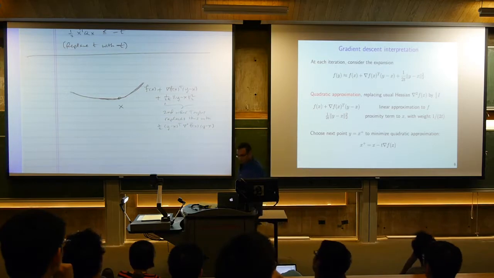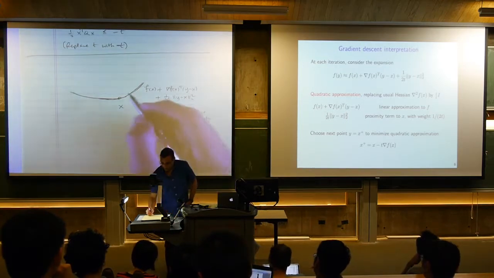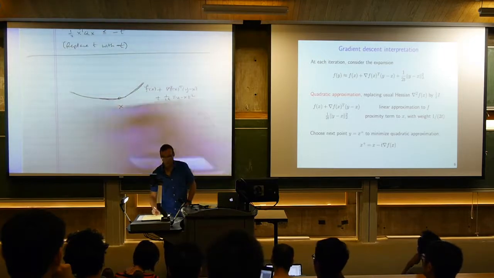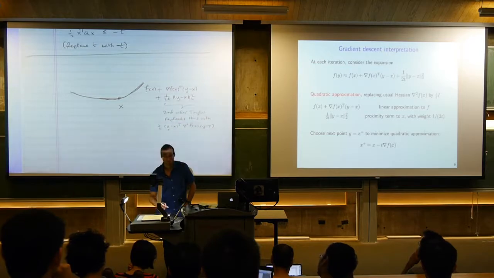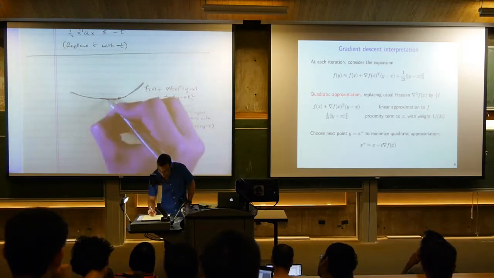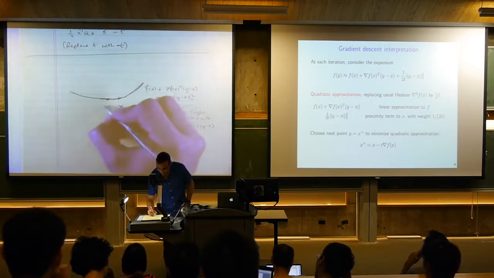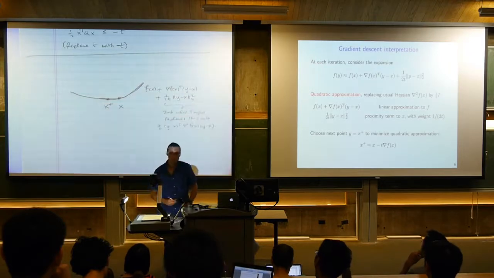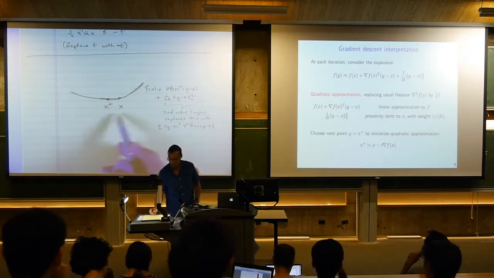And what I can think about gradient descent as doing is choosing the next point to minimize this quadratic approximation. So I'm at x, and suppose I want to update. My optimization procedure is going to choose a next point, and let's call that next point x plus. So this would be like x_k, and that's x_{k-1}. It's just a different way of writing it.